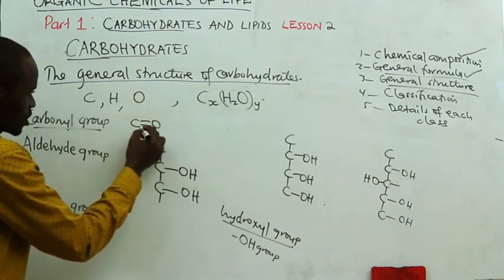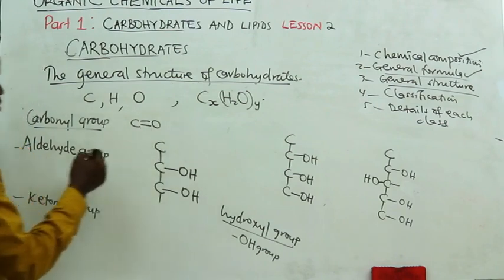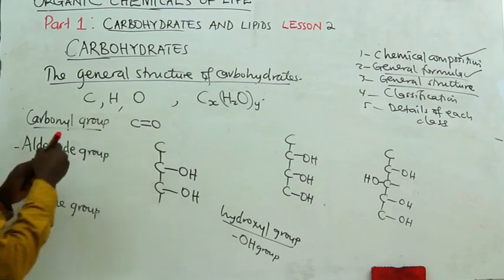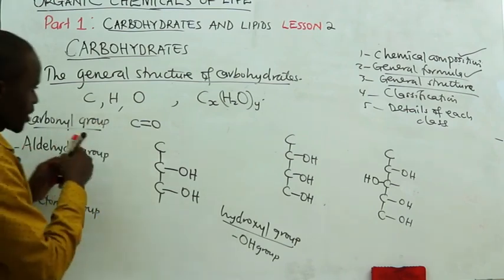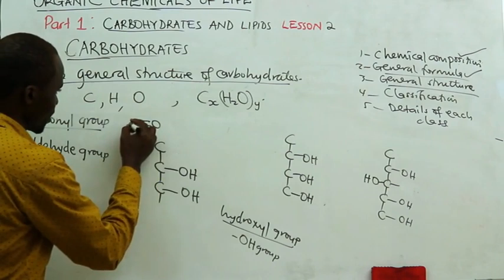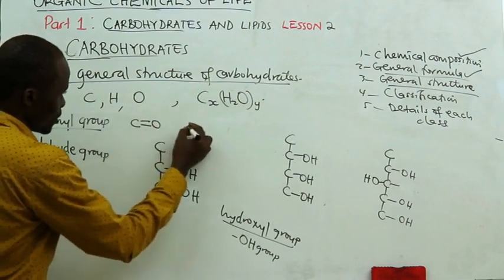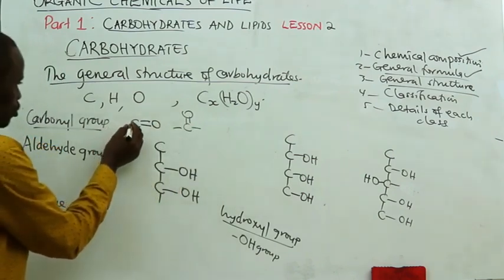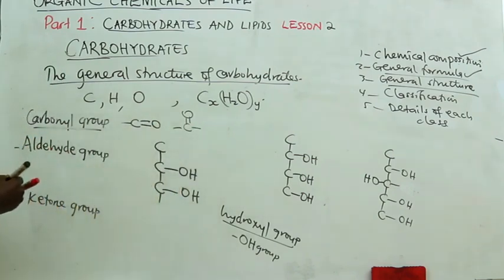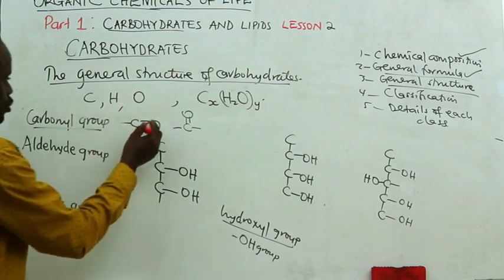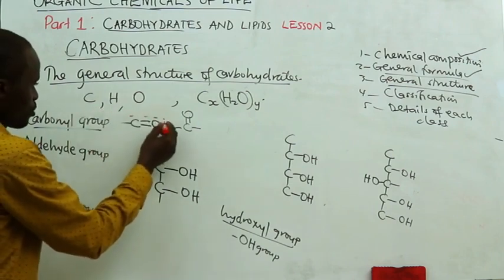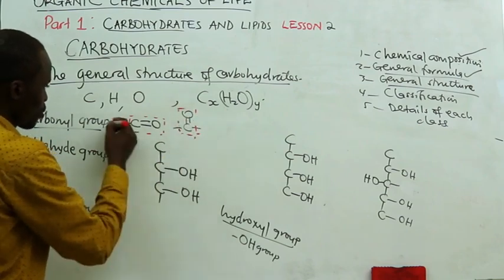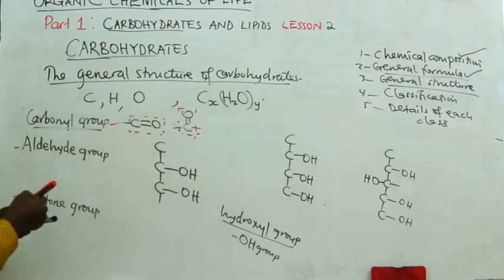A carbonyl group is any group which has carbon bonding with oxygen using a double bond. So any group like that can also be represented like this, as long as we are having carbon bonding with oxygen with a double bond, that's what we call a carbonyl group.